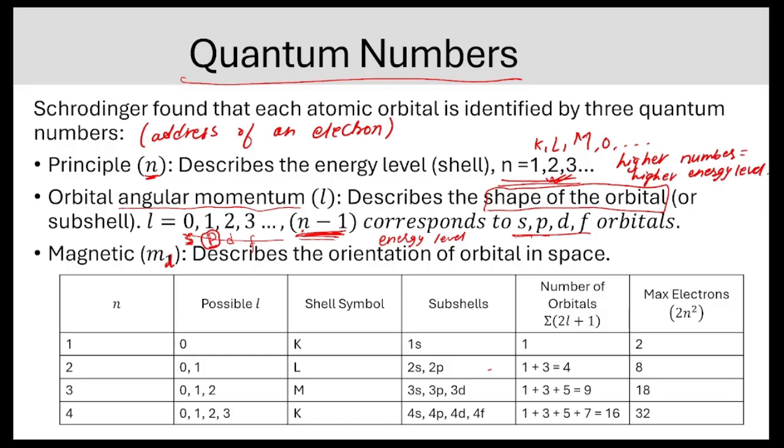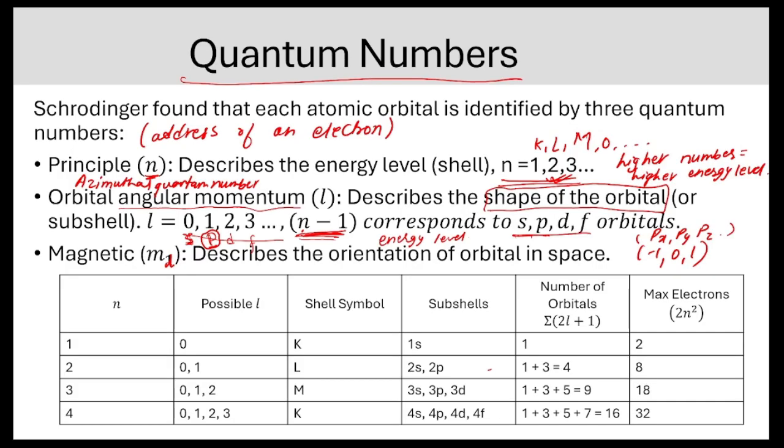Sometimes you will see it written as -1, 0, 1, or sometimes px, py, pz. So basically the principal quantum number describes the energy level, the orbital angular quantum number, sometimes also called the azimuthal quantum number, defines the shape of the orbitals, and the magnetic quantum number gives us the orientation of the orbitals.